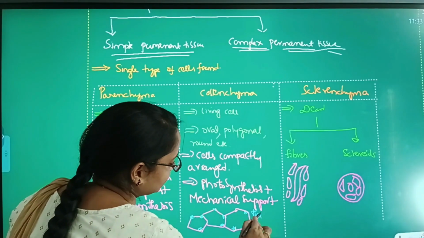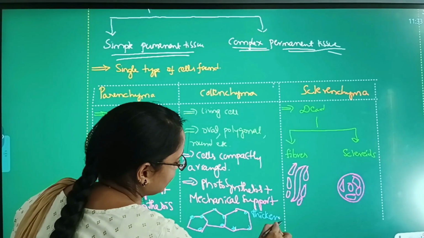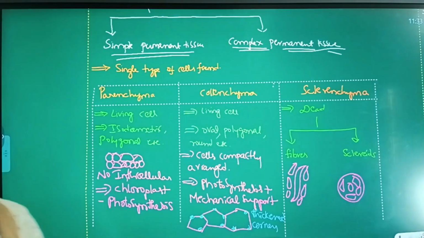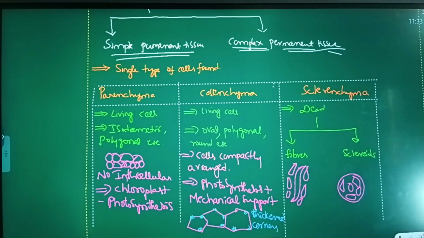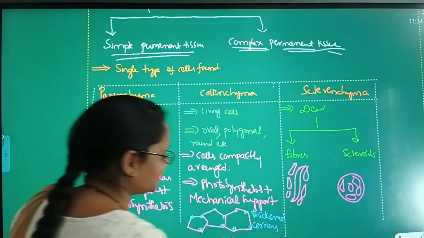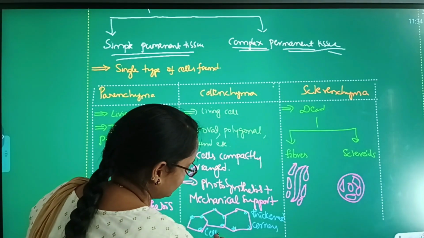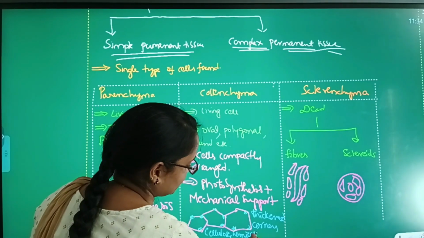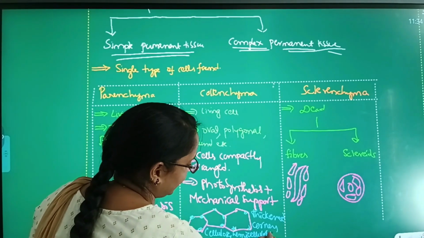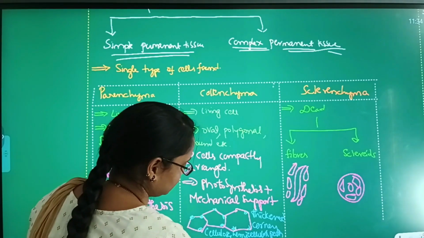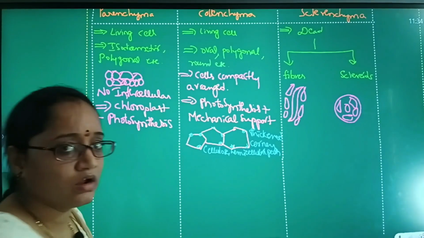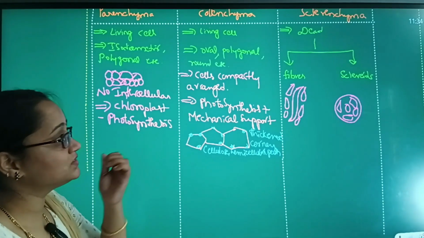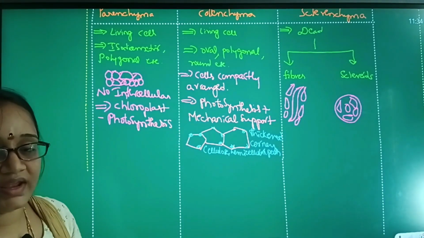They have thickened corners due to cellulose, hemicellulose and pectin deposition. Those cells you can identify easily.